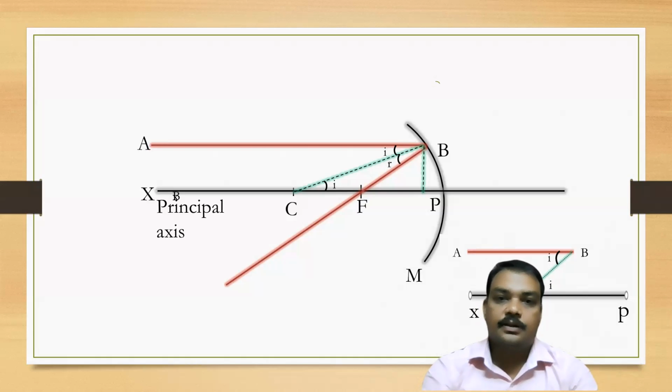But here, the normal is the line joining the center of curvature to the point of incidence, that is CB. Then angle ABC becomes the angle of incidence. Angle CBF is the angle of reflection.